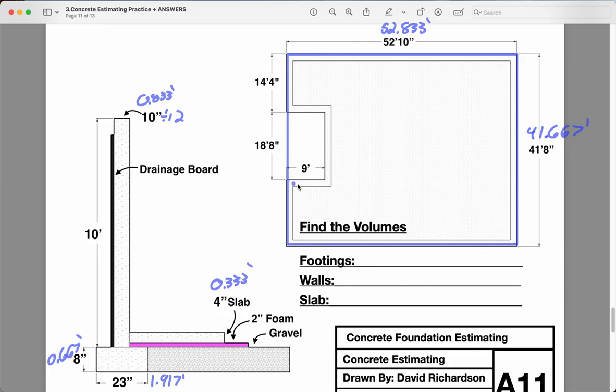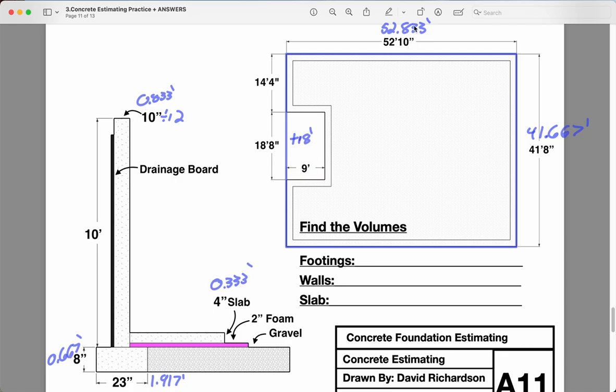We have to consider the length of the bump in. But as we've talked about before, because it's measured 9 feet from outside to outside, if it changes from center to center or inside to inside, it still stays 9 feet. So basically we can take that overall shape and add 9 feet here and 9 feet here, so we'll go plus 18 feet.